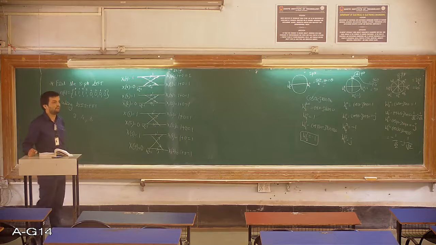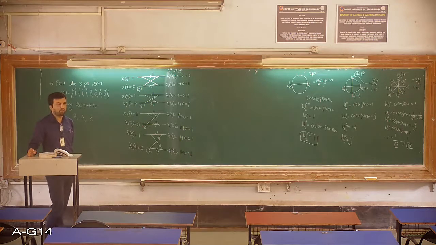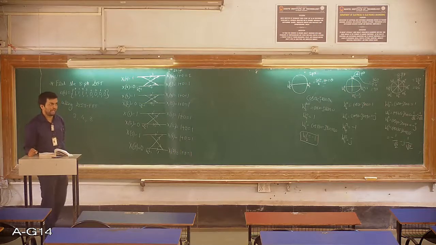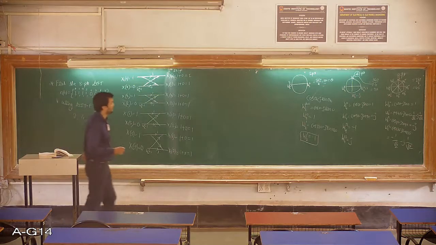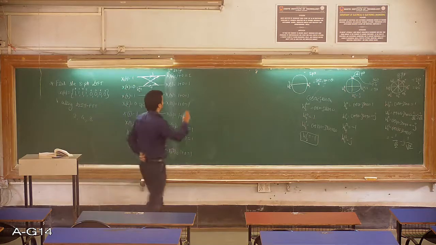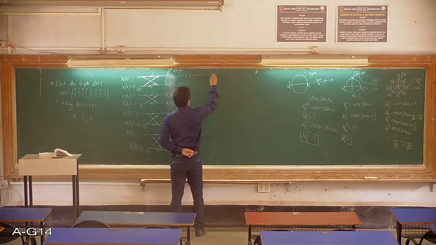The next one is the 4 point butterfly diagram, we have to use it for the calculation of second stage answers. So see here, this is the 4 point.